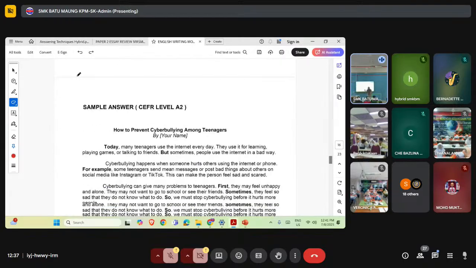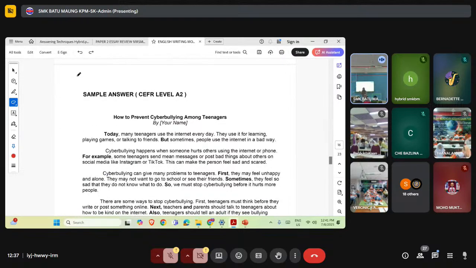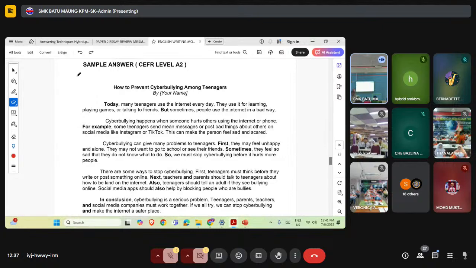Any problem with article? What is the format of an article? How do you start your article? You have to write a title first, right? And then "written by", and then only your response, your essay.